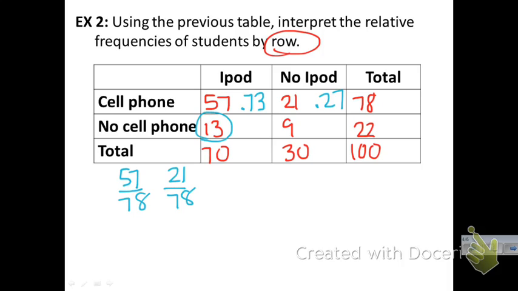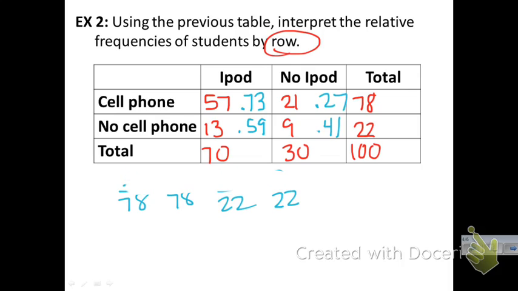We take this subtotal here, 13, over the total here, 22, and we get 0.59. So we could quickly say that the other is 0.41. But if you're not sure, you would take 9 divided by 22.